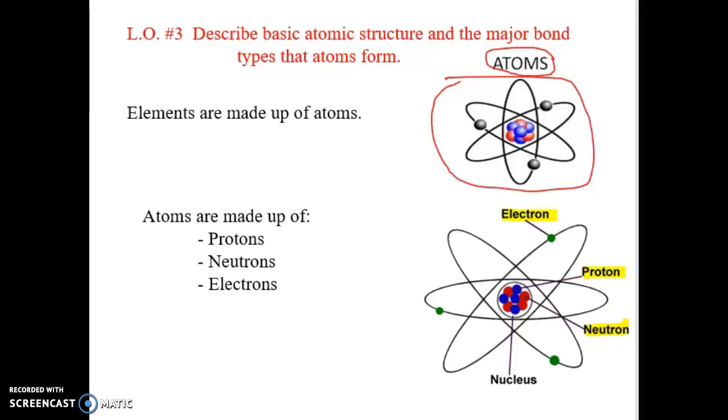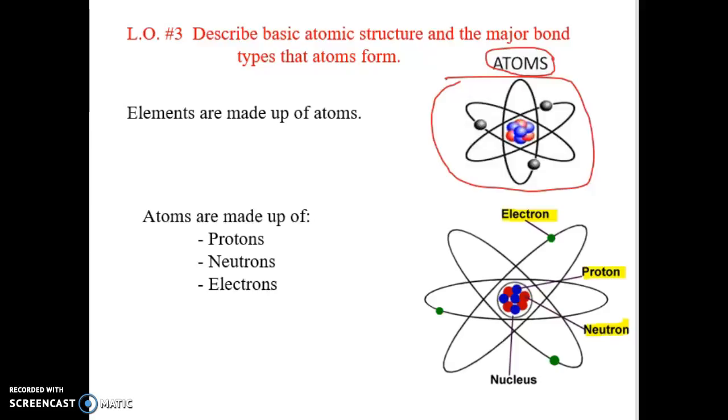So this is all part of the atomic theory. So protons and neutrons are clustered in the center of your atom, and then the electrons go in these little things out here we call orbitals or valence shells, and we'll be talking about those in a bit here. Okay, so that's the basic structure of an atom. Atoms make up things we call elements.